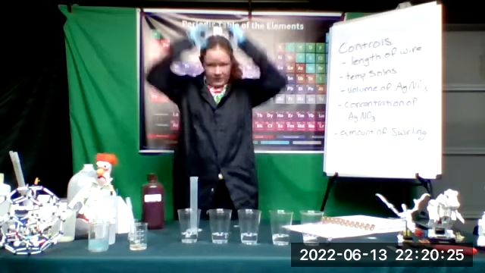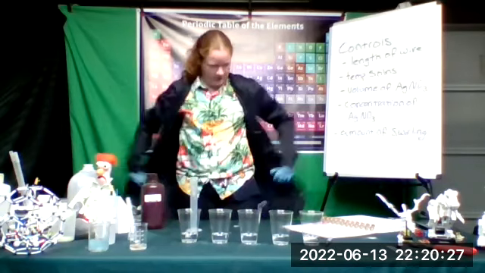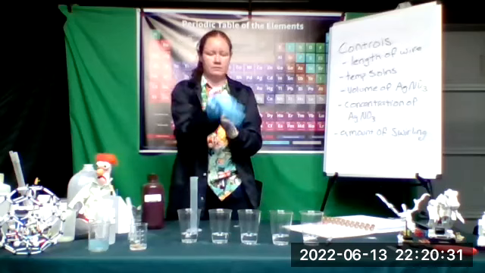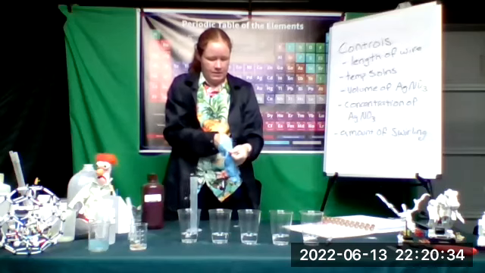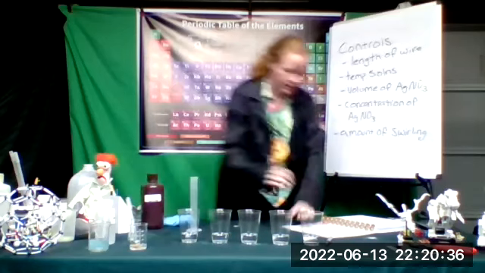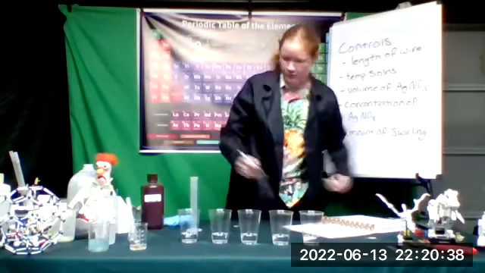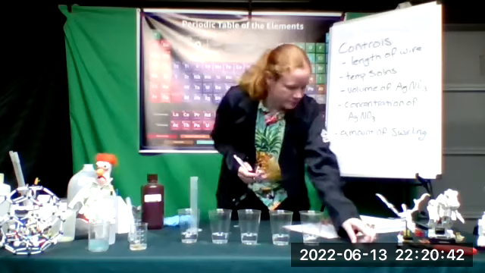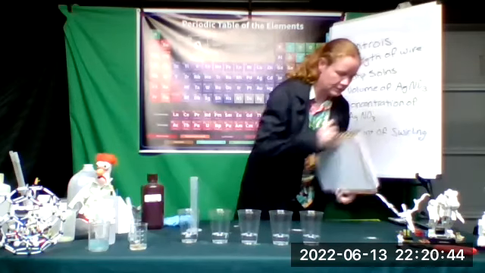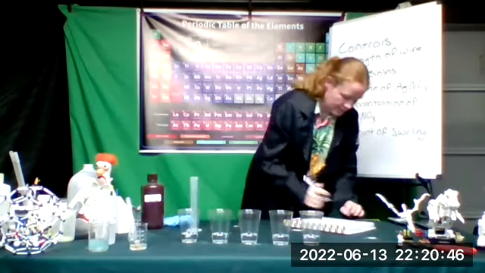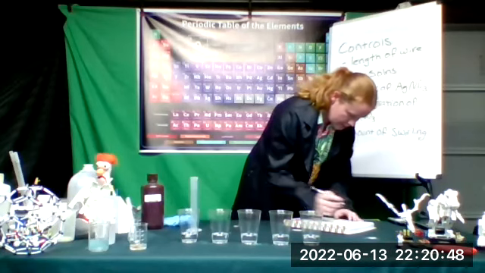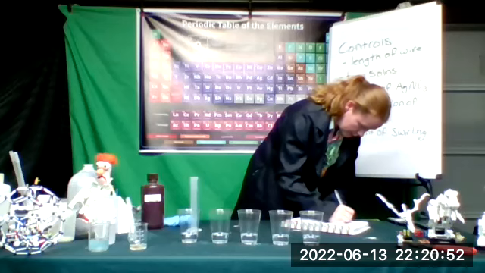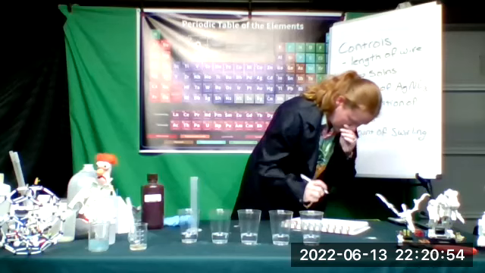One thing I need to make sure that I do is keep a data table. So I'm going to take my gloves off now since that's all set up, and I'm going to make my data table. There's my ruler. On my data table, I'm going to have my cups: cups 0, 1, 2, 3, and 4.